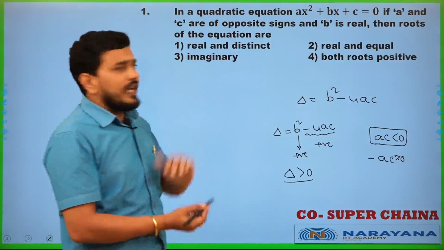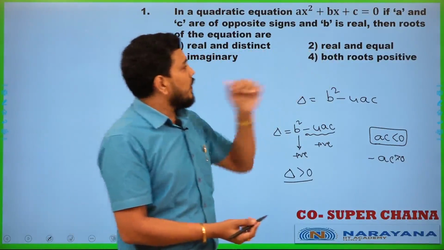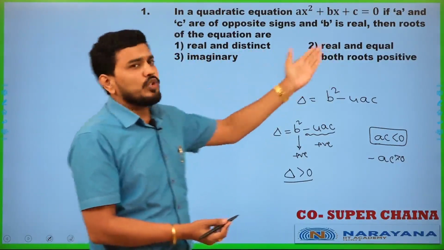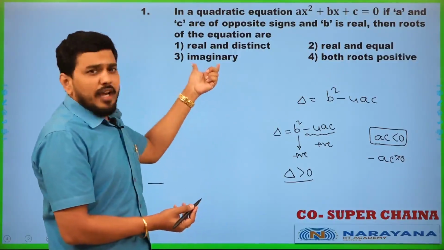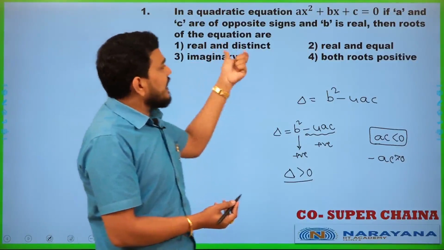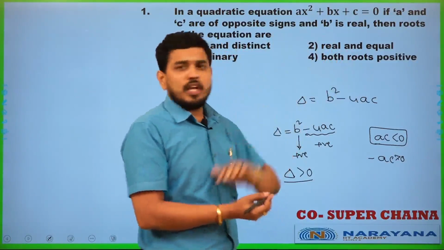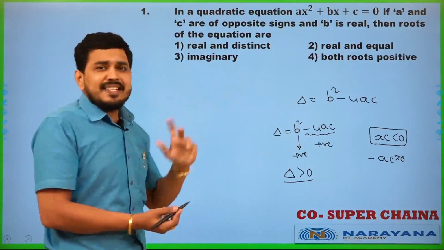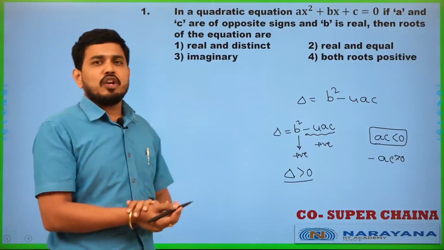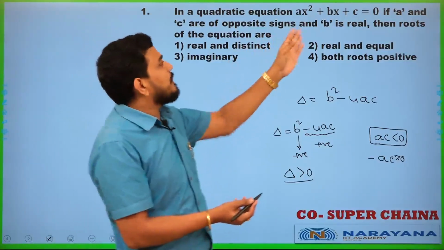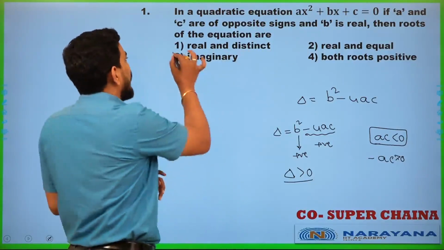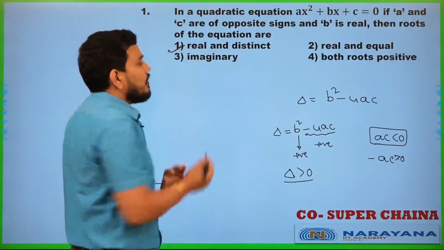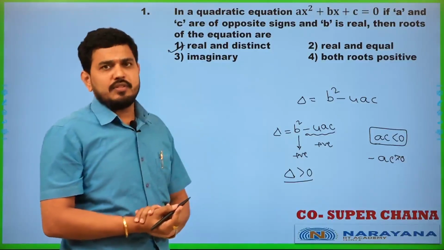Whether the roots are real and distinct, or equal, imaginary, or both positive. Imaginary is ruled out. Real and distinct, real and equal, both positive: you can't say whether both roots are positive unless you know the values of b and ac. So straight away we can say the answer is real and distinct.